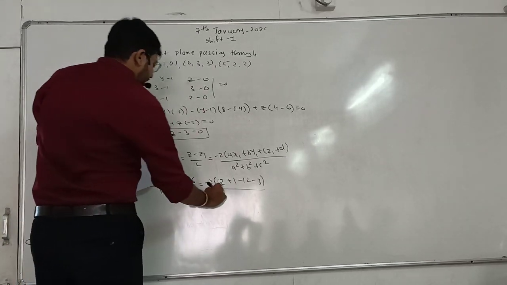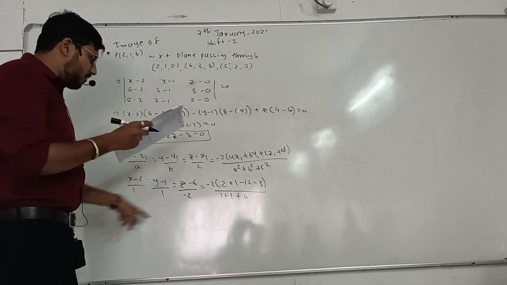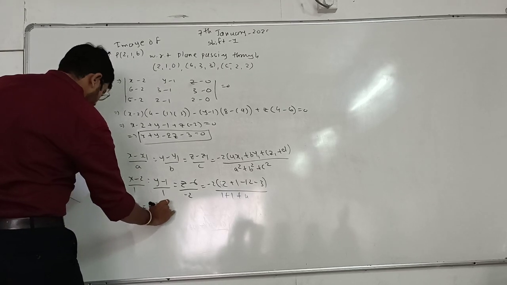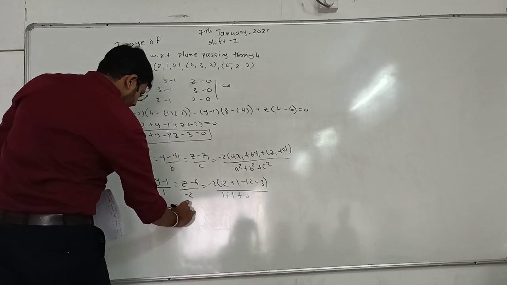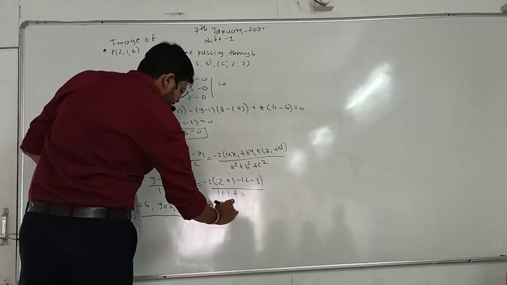By solving this equation, we'll get x equals 6, y equals 5, and z equals minus 2. So this will become the image.